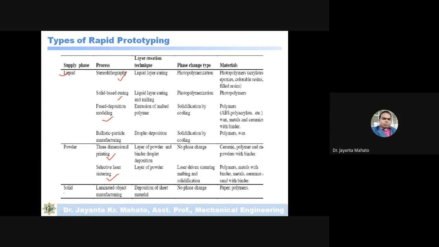If the supply material is in solid phase, then laminated object manufacturing, means different manufacturing processes, cutting, joining, all the processes can be involved. Now, the layer creation technique: in case of stereolithography, liquid layer curing; in case of solid ground curing, liquid layer curing and melting.